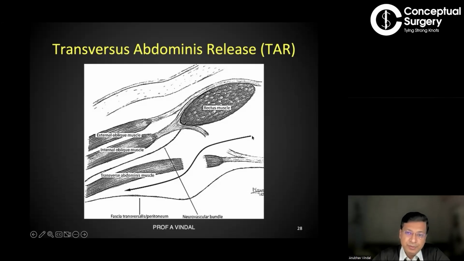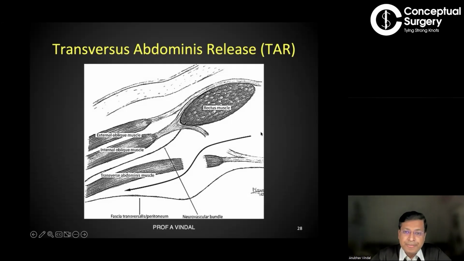And if we divide this insertion of the posterior lamina of the internal oblique and the transversus abdominis aponeurosis, we can release the peritoneum posterior rectus sheath component from the flat muscles and thereby aid in medialization of the posterior rectus sheath along with the peritoneum in situations where otherwise closure of the peritoneum or the posterior rectus sheath would not be possible without tension.